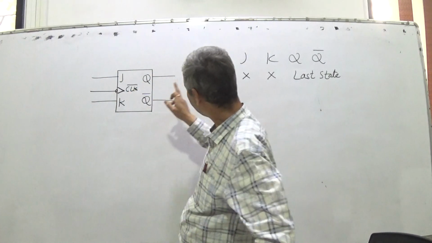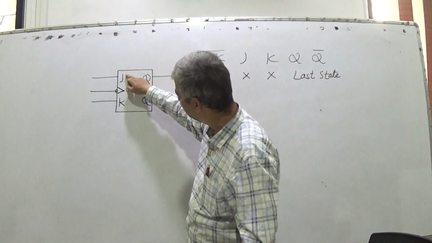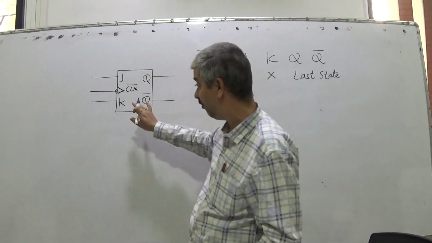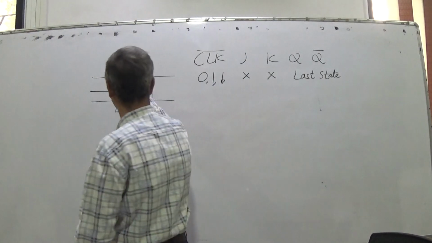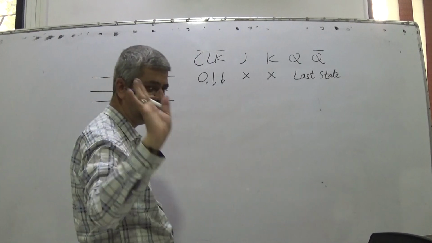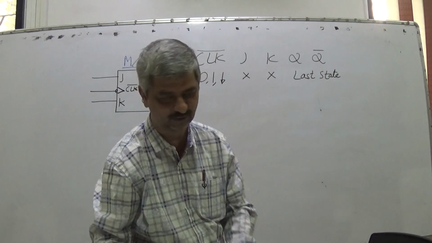Similarly, this clock input pin, the inputs J and K of this, which is a master-slave JK flip-flop, were explained in extreme detail in the specific lecture on JK flip-flop.